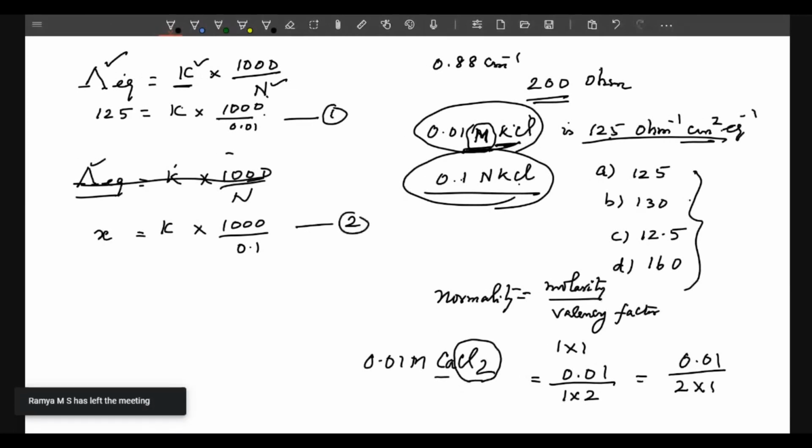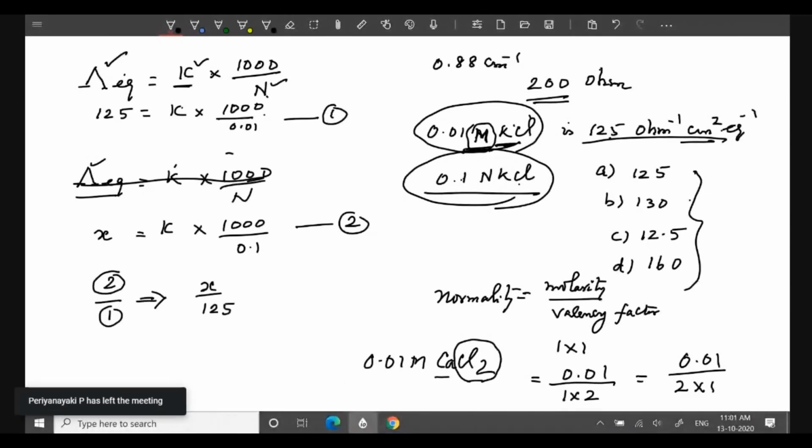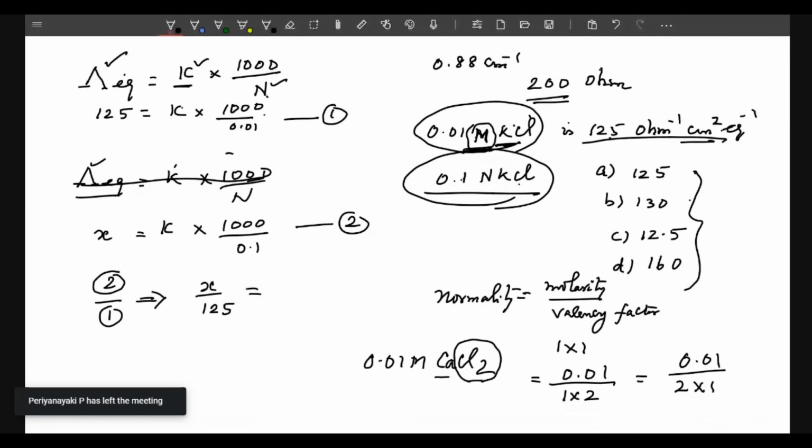Now, if you compare these two equations, equation 2 divided by 1, you would get x divided by 125 equal to, and that kappa would be cancelled, 1000 by 0.1 into 0.01 by 1000.